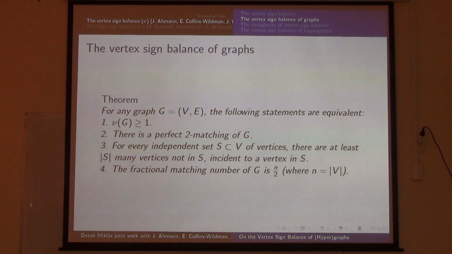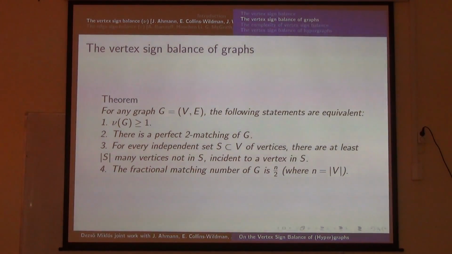Clearly, if you can find a perfect matching in the graph, then the vertex sign balance must be at least 1, because the perfect matching edges cover all the vertices exactly once. So the sum of the weights of the edges will be the total sum of the weights. The total sum of the weights is positive, so at least one edge has to have a positive weight.